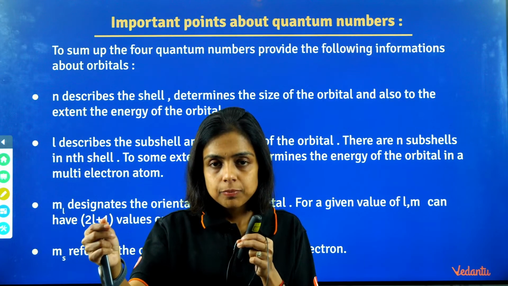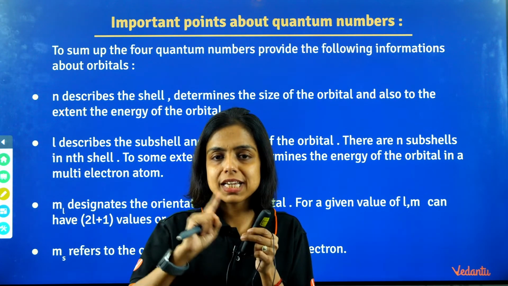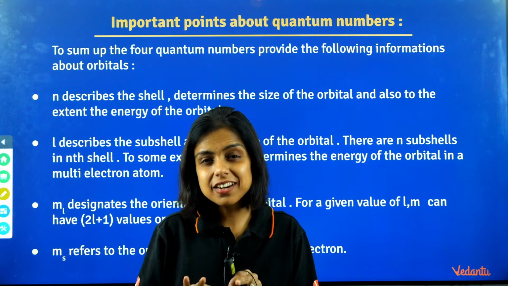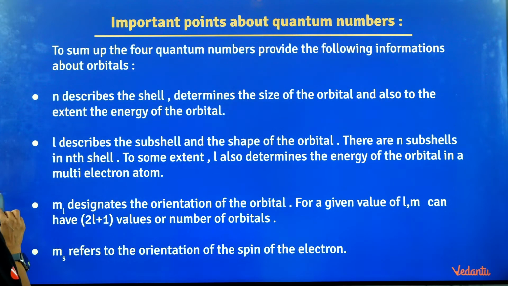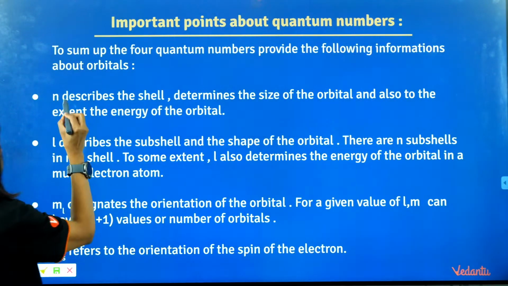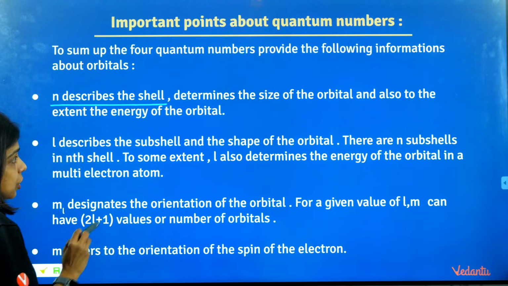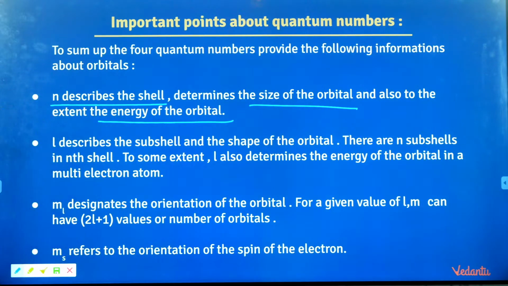That means there is less force of attraction between the nucleus and the electron. So less attraction means more energy. So basically the first quantum number n tells you about the shell, size and energy of the electron.